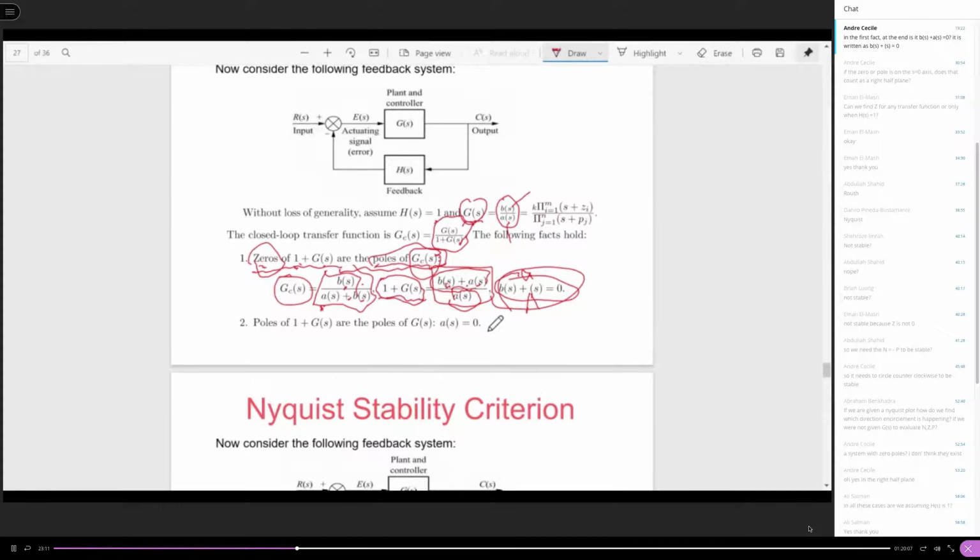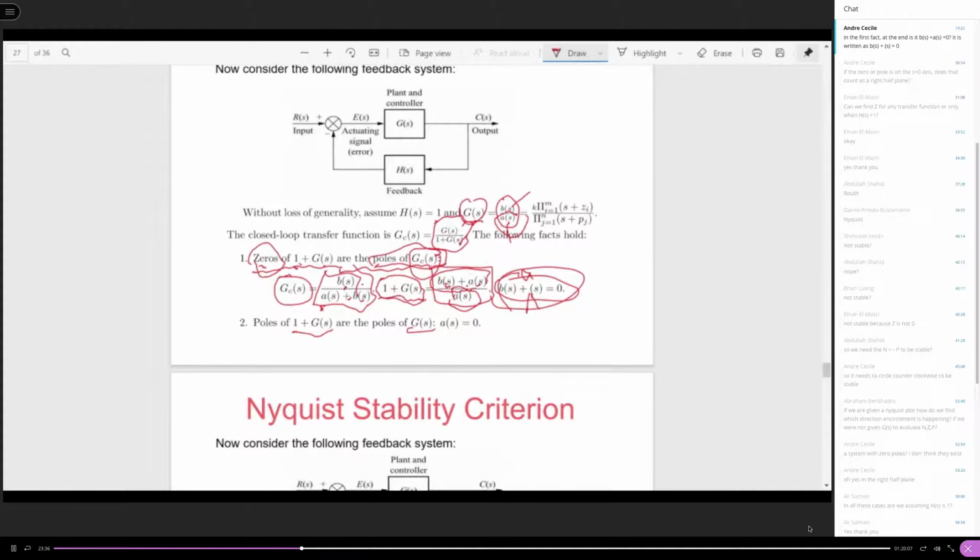So the second fact I've already stated: g of s and 1 plus g of s share the same denominator, so they share the same poles. But be careful, these poles are the poles of g of s, which is the open loop system.